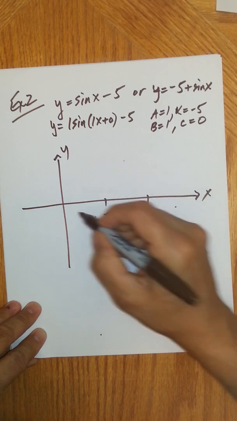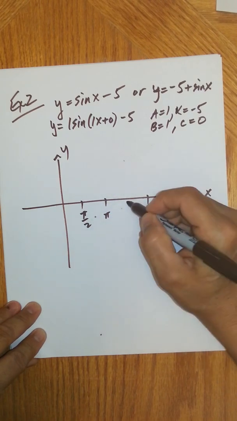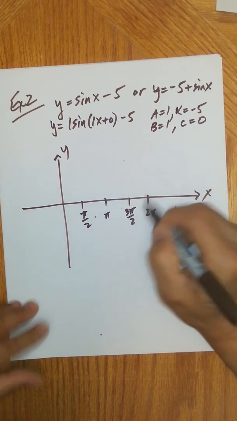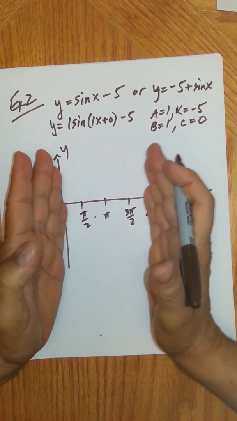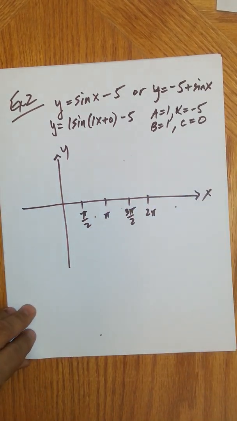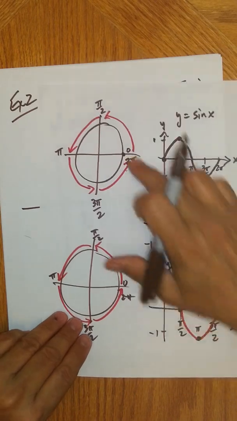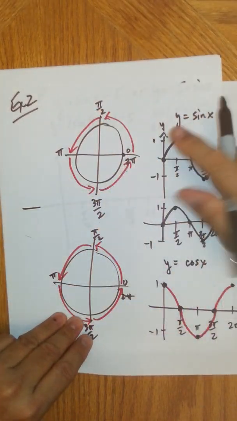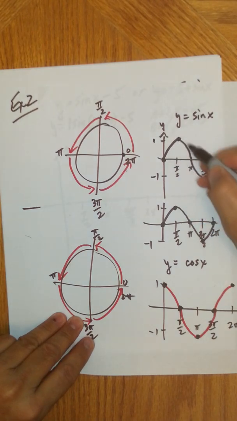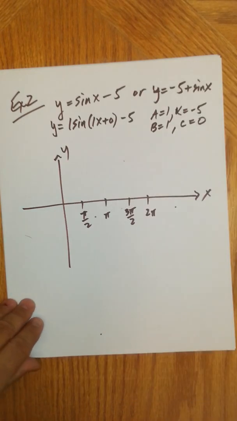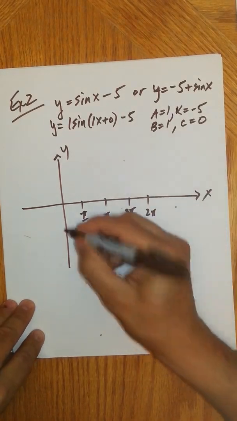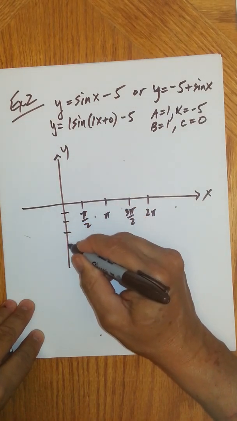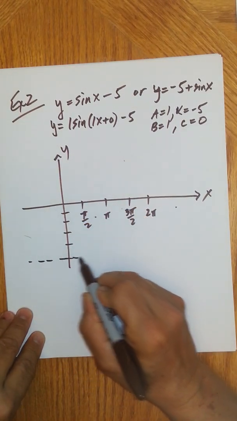There's no horizontal change. And notice I'm always dividing the interval from 0 to 2 pi into fourths because every fourth of the way something's happening here. This is the first quadrant, second quadrant, third quadrant, fourth quadrant, and that produces first quarter, second quarter, third quarter, fourth quarter. But in this case, I'm going to go down 5.